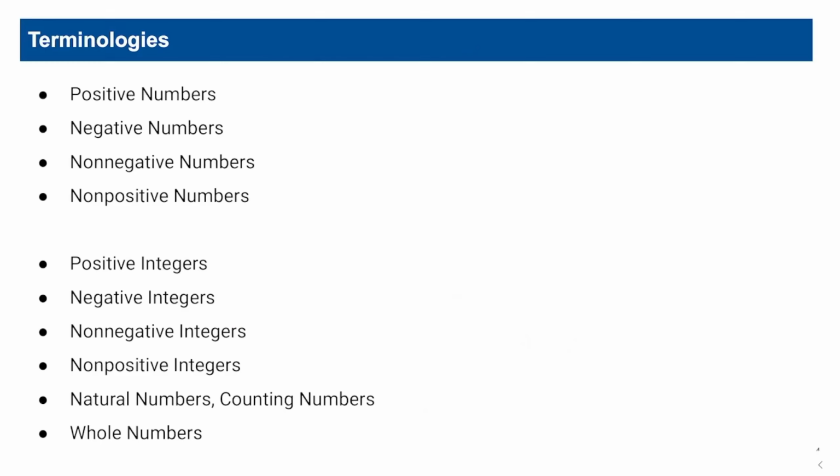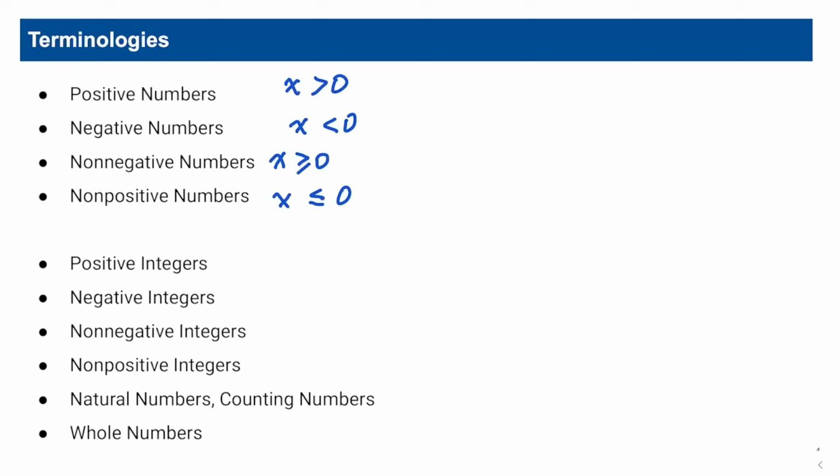When we talk about numbers, we hear these terminologies frequently. Positive numbers are numbers which are positive. Negative numbers are numbers that are negative. Non-negative means either positive or 0. Non-positive means either negative or 0.